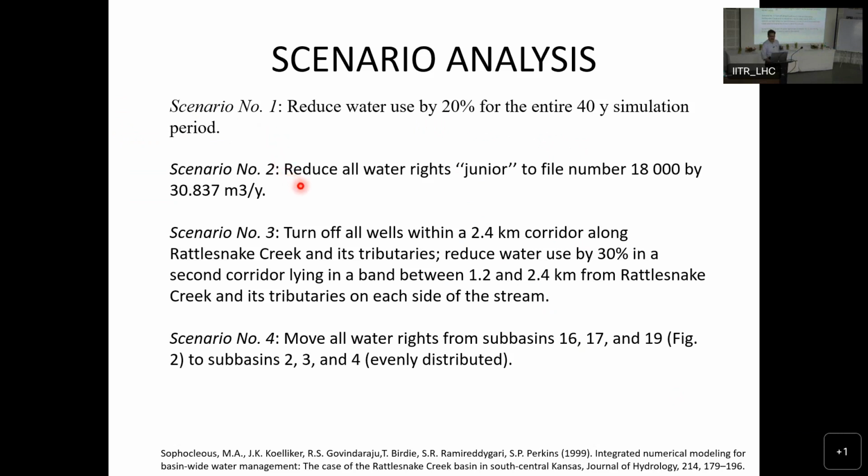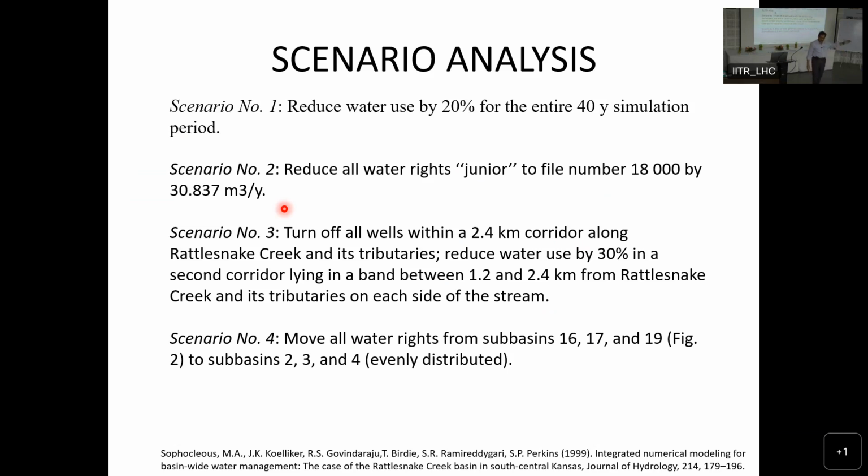The other way to do it is reduce all water rights junior to a file number by a certain amount. So these water rights that are given to farmers, and the same thing happens in India also, depend on when a farmer applies for a permit to put in a well and when it's granted, that is the date they have the well. If I had a well which was given to me in 1980 and you have a well that was given to you in 1970, your well has priority because it was done earlier.